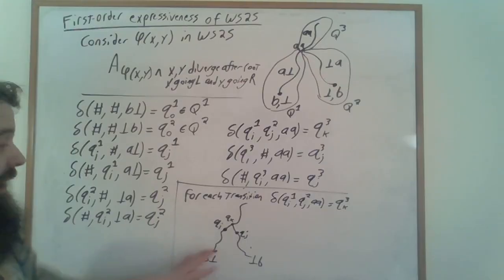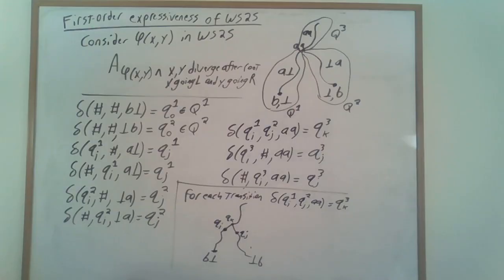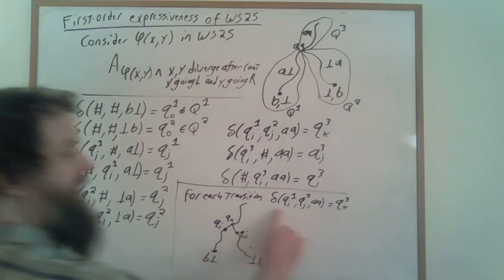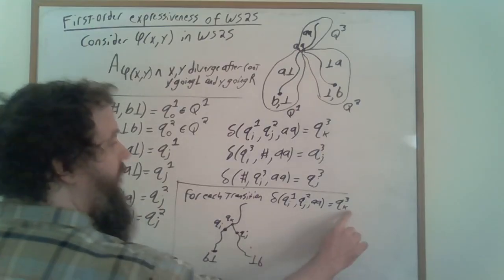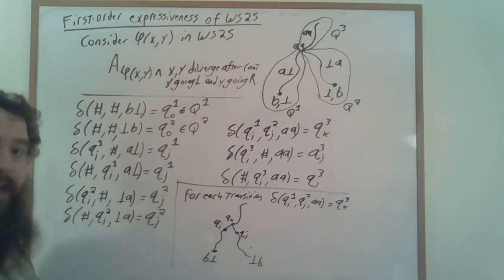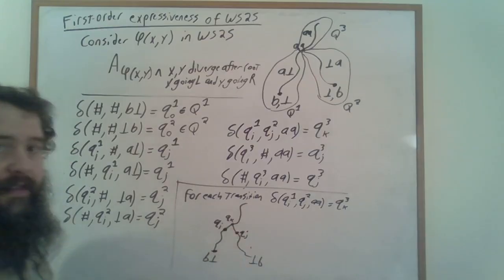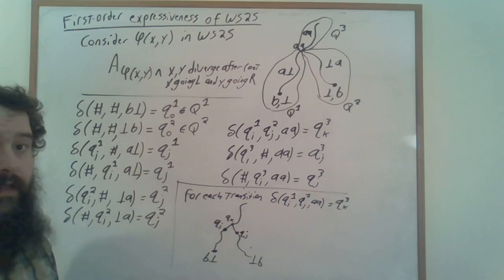I'll show you what each class in that partition has to look like in just a moment, but understand that because there's only finitely many transitions that look like this, our resulting language is going to be a finite union of whatever each of those classes of this partition wind up looking like.